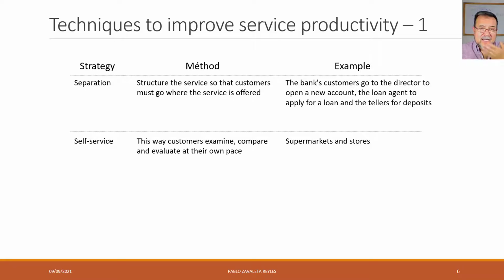Certain companies are taking this one step further by adding cashier-less service. For example, in certain Amazon stores, you just go in, you pick up the stuff, and then you pay with your phone or whatever, but you don't go through a cashier.